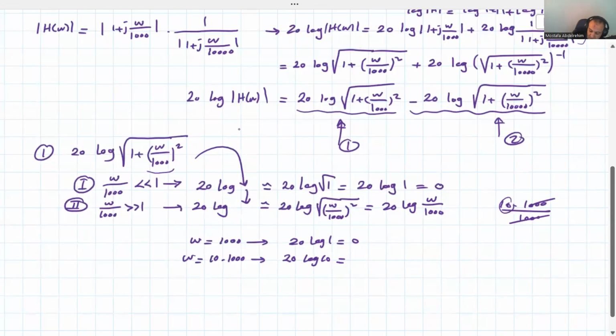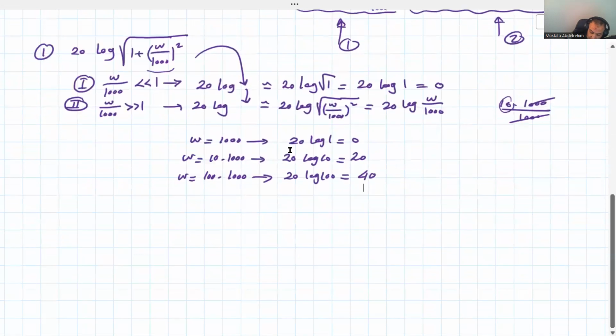Log 10 is 1, so 20 multiplied by 1 is 20. Another example, omega equal to 100 multiplied by 1000, which is 100,000. That will be 20 log 100, since 1000 goes with 1000 and you're left with 100. Log 100 is 2, and 2 multiplied by 20 is 40.